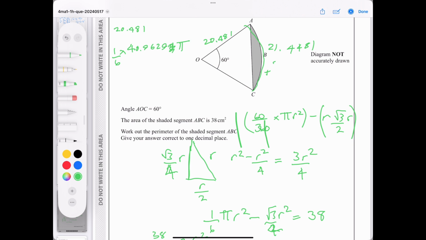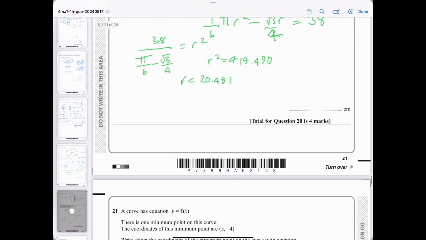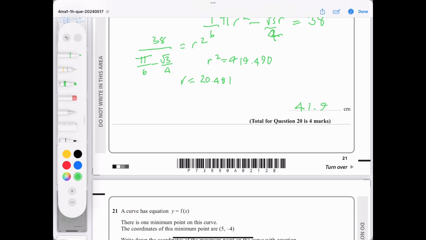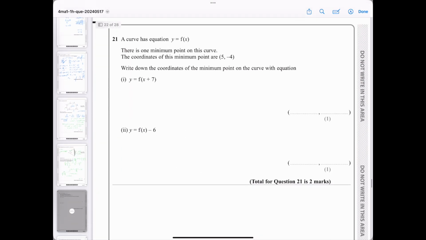So if we add 20.48 to that, we're going to get 41.9. There you go. So that's 41.9. That was a clear case of me thinking, gosh, this seems a lot more complicated than it actually should be.